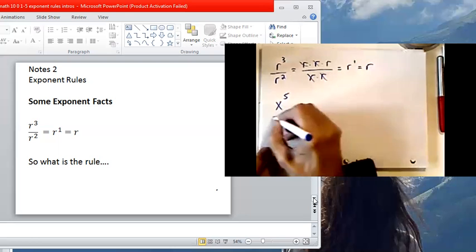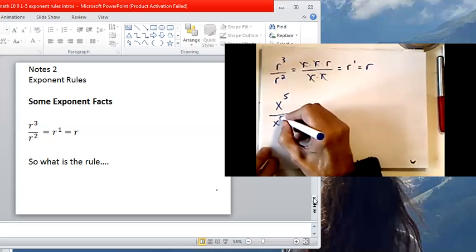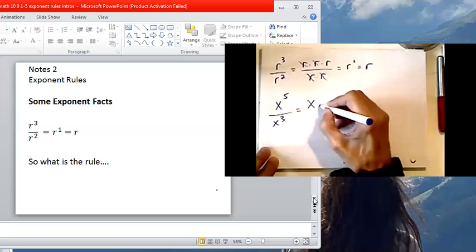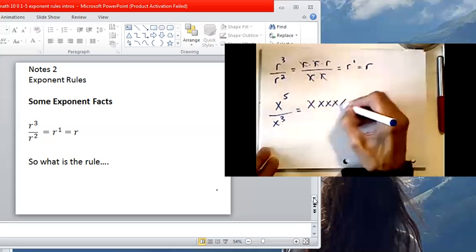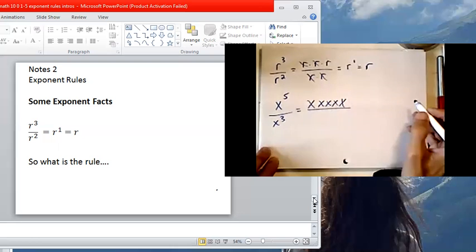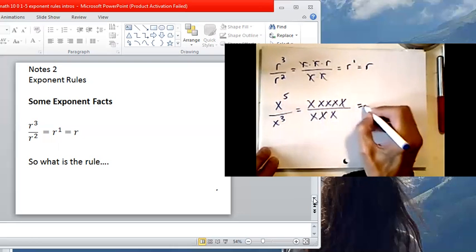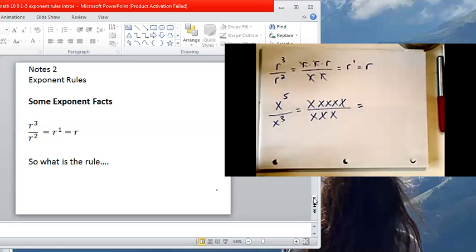Let's say we have x to the 5 over x cubed. On the top, we got 5 x's multiplied together. And on the bottom, we got 1, 2, 3 x's multiplied together.